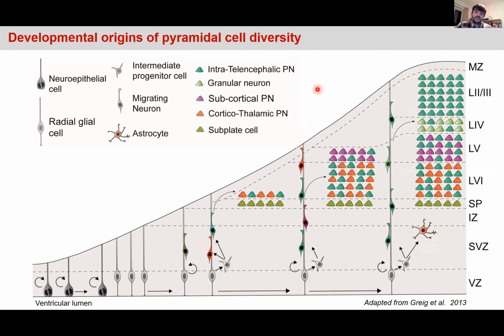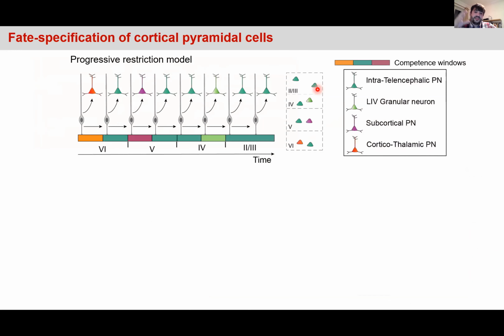Now, although it's collectively well accepted that this population of radial glial cells is responsible for the generation of this entire diversity of excitatory neurons, how individual radial glial cells do this job has been a matter of recent debate. The most accepted and classic model, which Song Hai was also proposing in his previous talk, basically postulates that individual radial glial cells transit through a number of competence states, which are illustrated here with these colored squares.